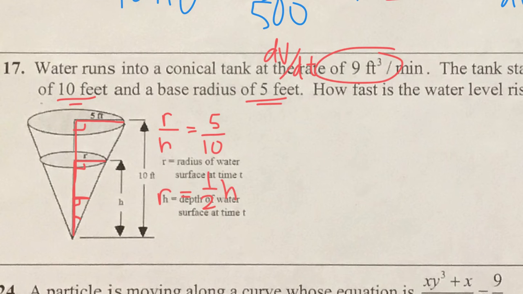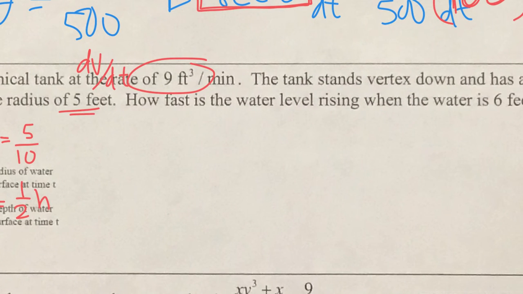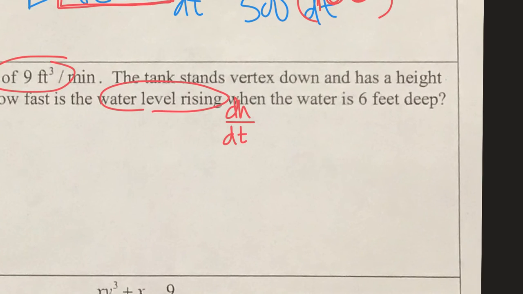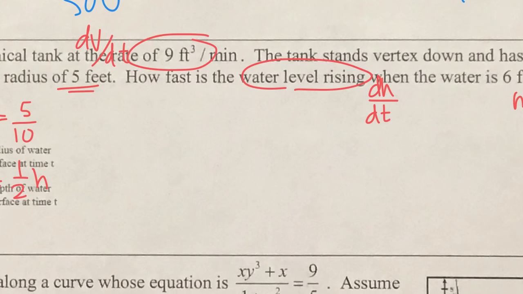But let's see what we need. How fast is the water level rising? So the water level is your height. So we're looking for dH dt when the water is 6 feet deep. So h is 6. The volume formula for a cone is 1/3 pi radius squared times h.